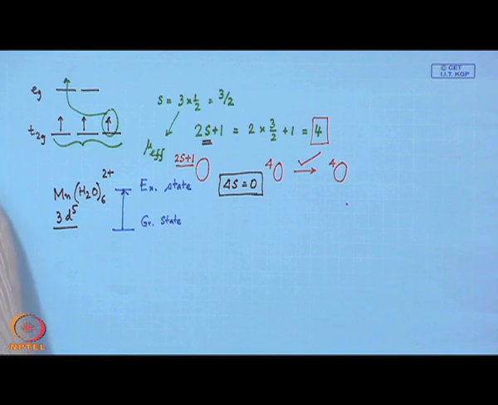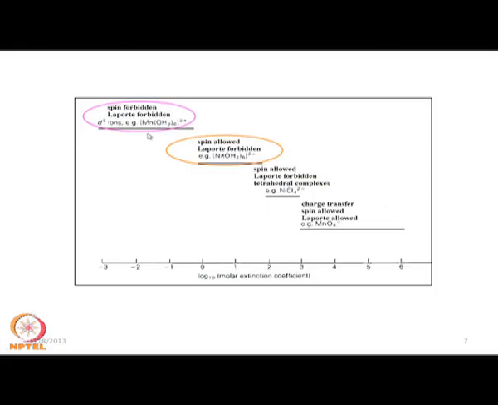In the case of manganese hexaaqua 2+, it is very weak in intensity and very lightly colored, because the upper available electronic level has a different spin multiplicity, and since it is a d-d transition, we can consider it as both spin forbidden as well as Laporte forbidden.